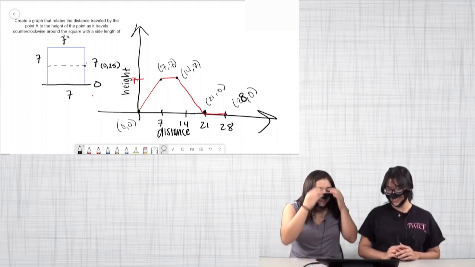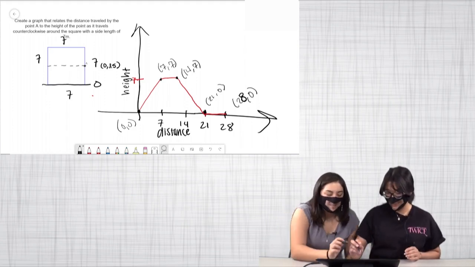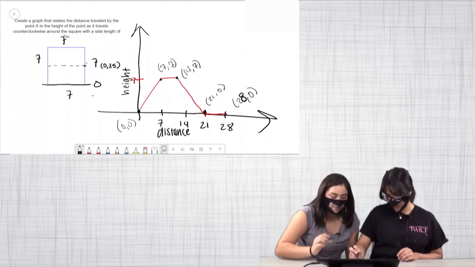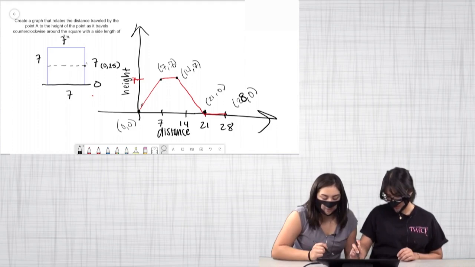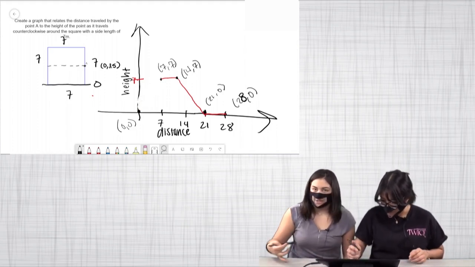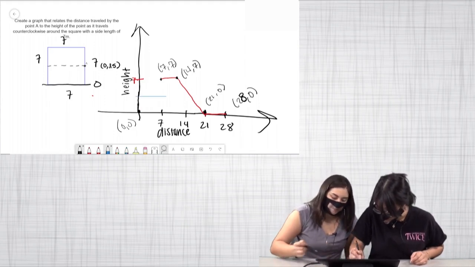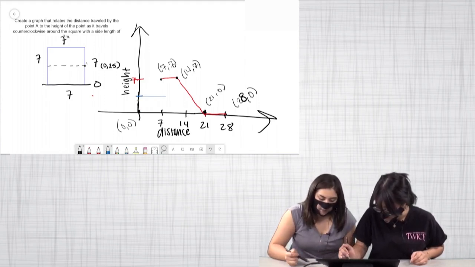Okay, so we have to fix our graph, but basically since point A starts at 0, 3.5, we would just have to move the start of the graph to 0, 3.5 since A is starting in the middle of that segment. And that means this has to change too.